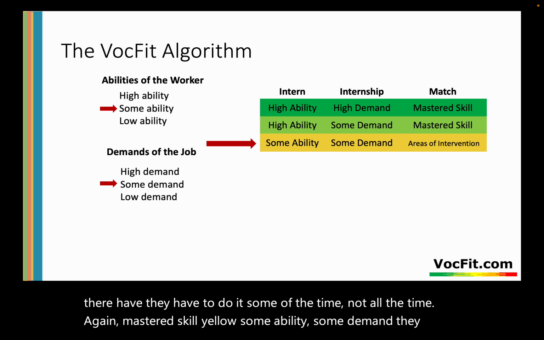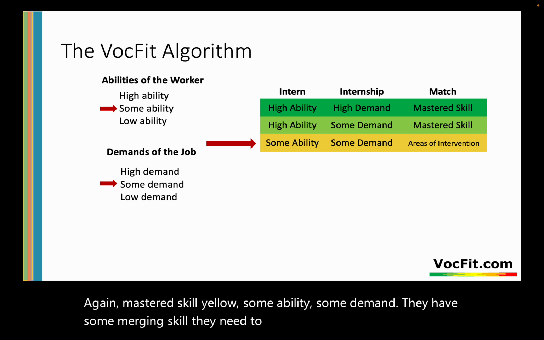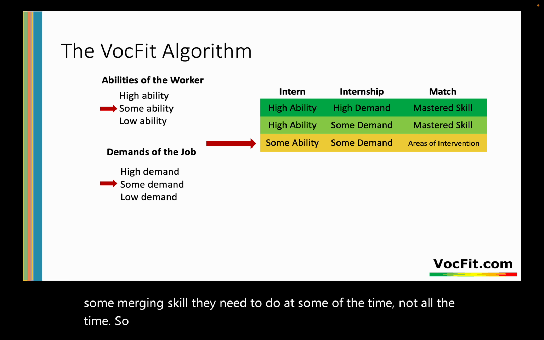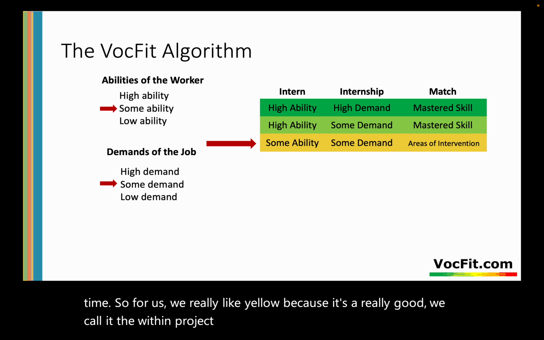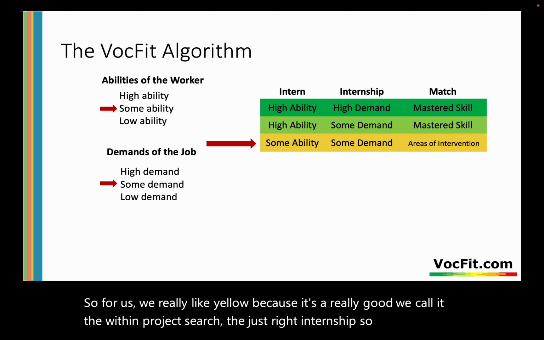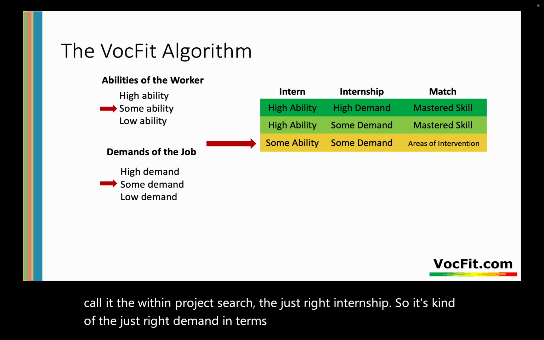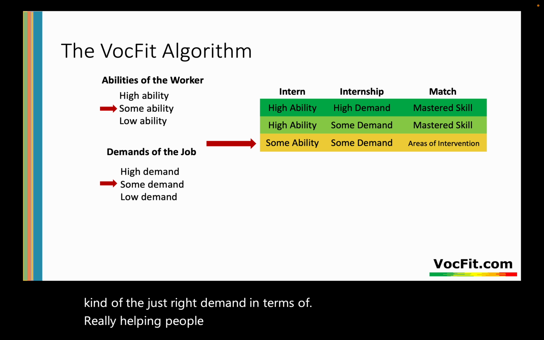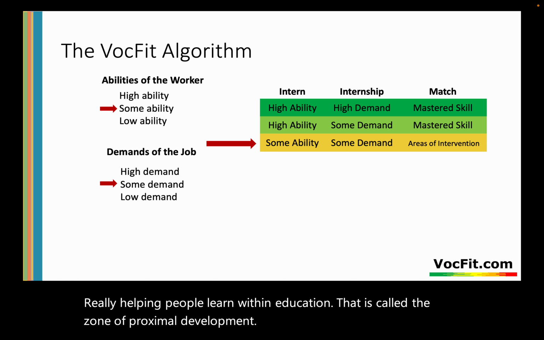Yellow, some ability, some demand. They have some emerging skill. They need to do it some of the time, not all the time. So for us, we really like yellow because it's a really good, we call it within Project Search, the just right internship. So it's kind of the just right demand in terms of really helping people learn. Within education, that is called the zone of proximal development. So you're getting there.